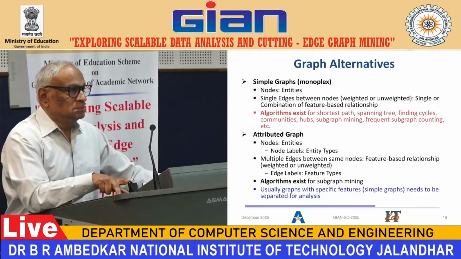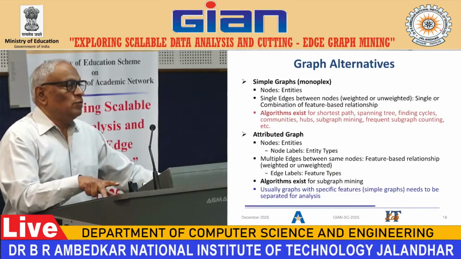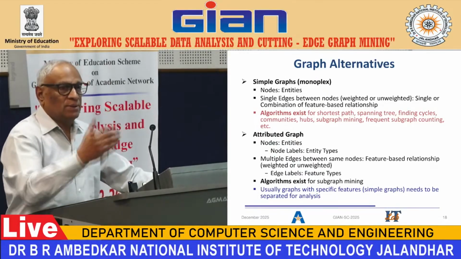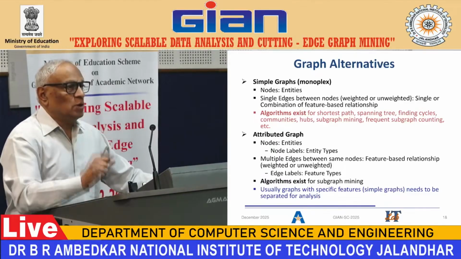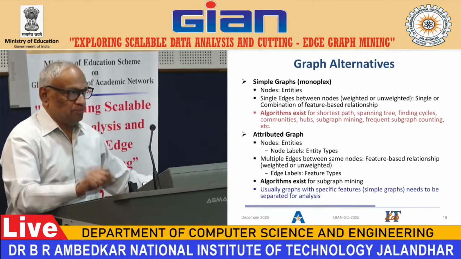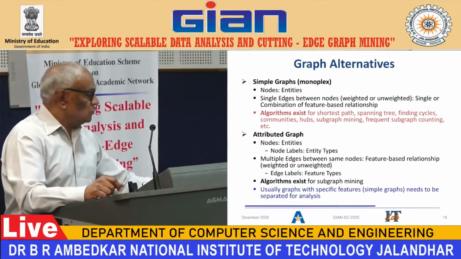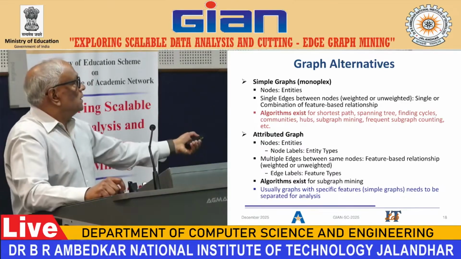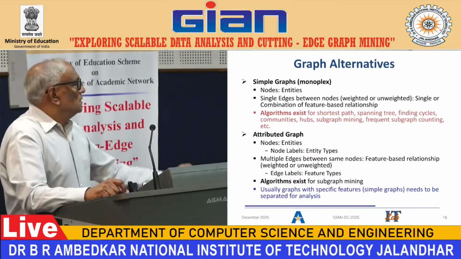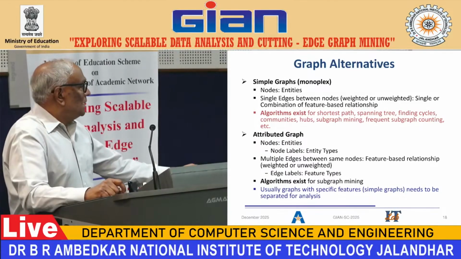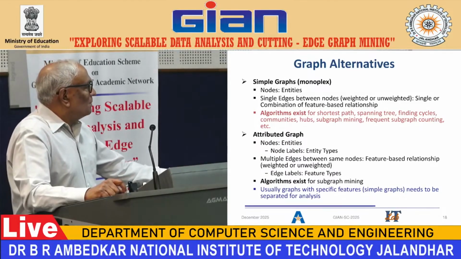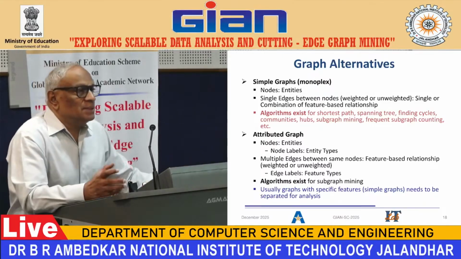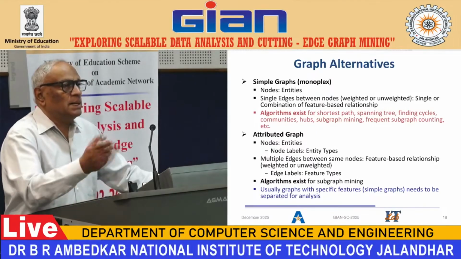One for Facebook, one for LinkedIn, one for Twitter. These are different relationships, right? One is friends, one is connected, one is follows. Semantically, they are not the same. So if you want to represent multiple relationships between the same nodes, you cannot do it with this. You have to do it with this. So multiple edges, edge labels. But the problem with this type is there are not many algorithms for that because it's a complicated data structure.